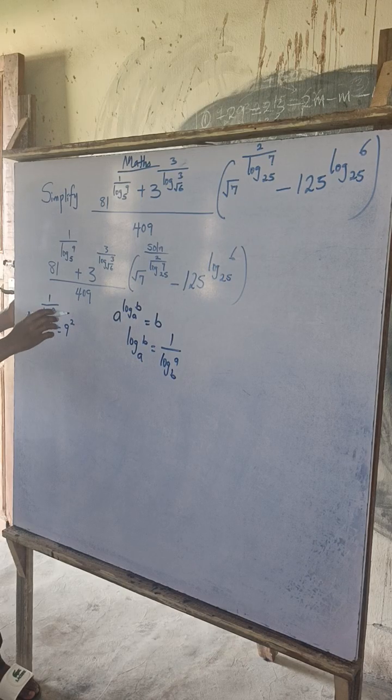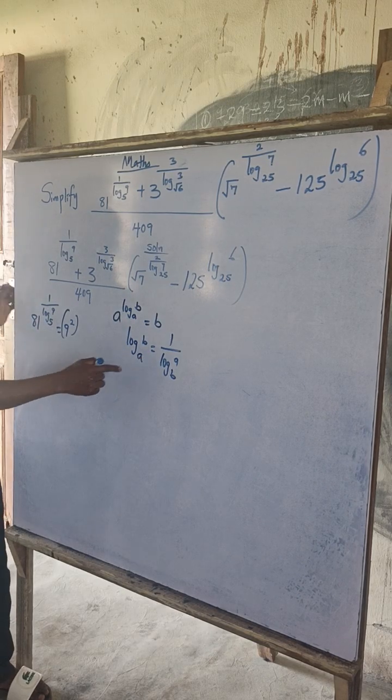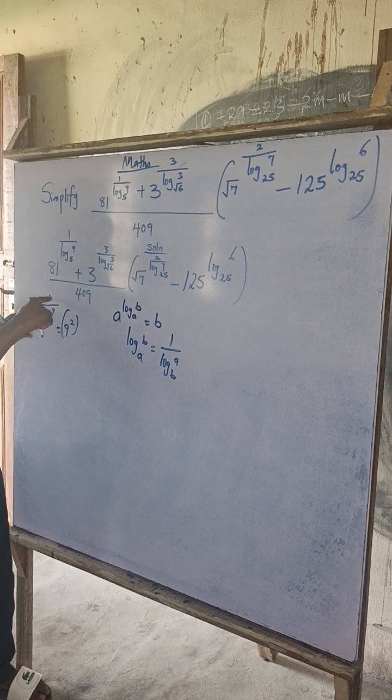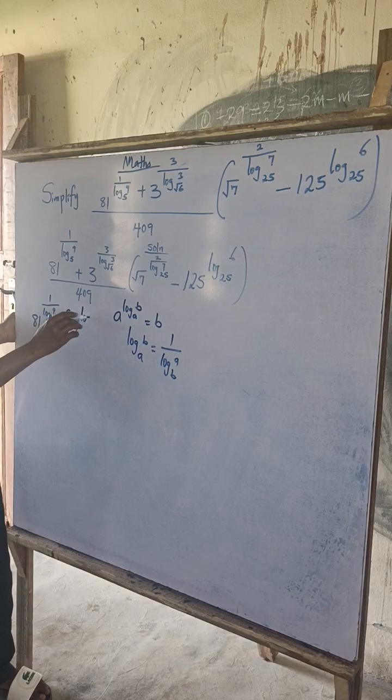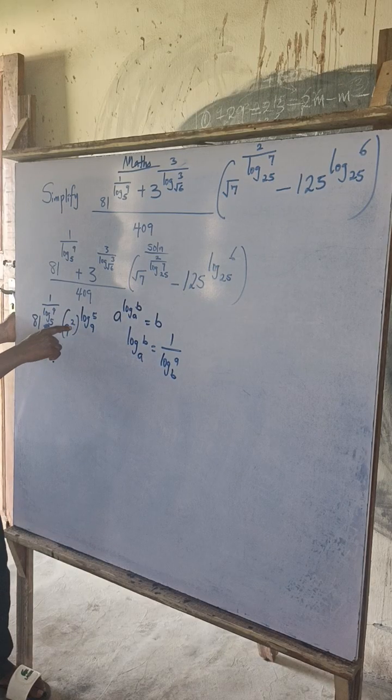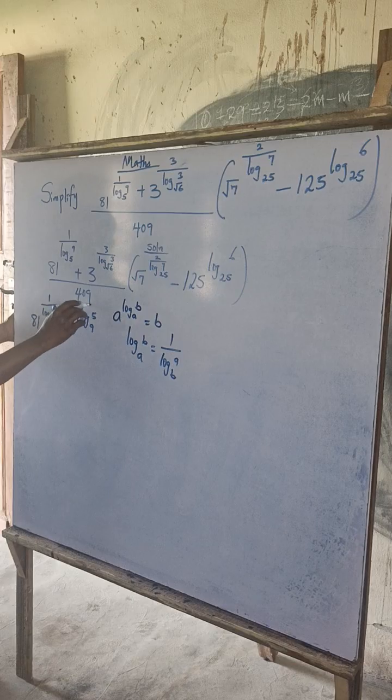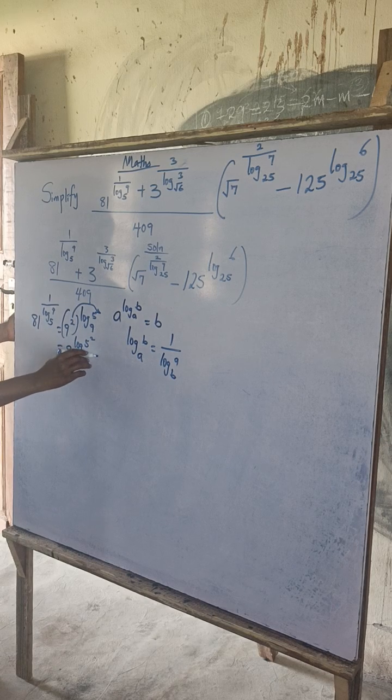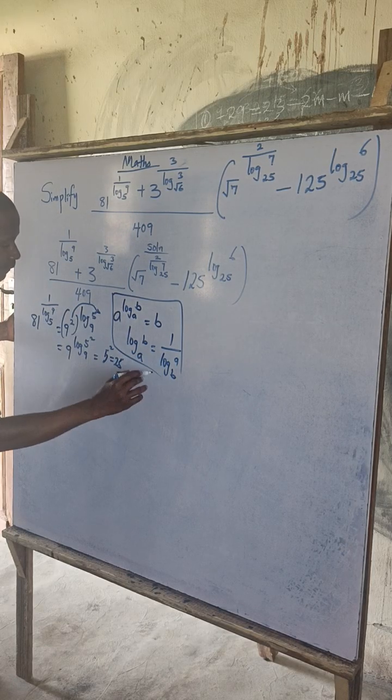When we apply this law of logarithm, 1 over log 9 to base 5 can be written as log 5 to base 9. Now this power that we have here, we bring it to multiply as part of 5, and we have 9 raised to power log of 5 squared to base 9, which equals 5 raised to power 2, and that is 25, according to the rule of logarithm.